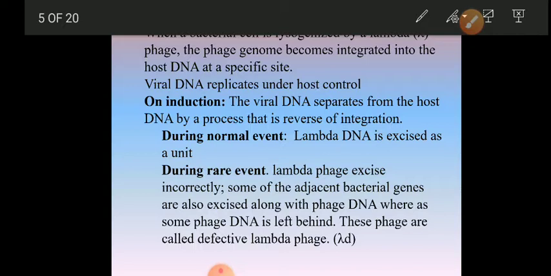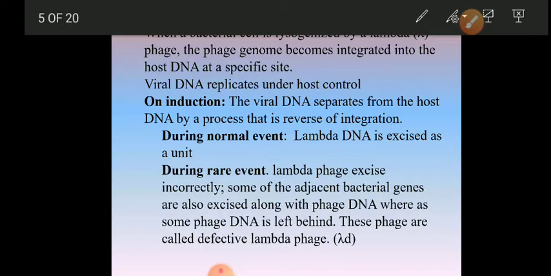With the help of the attachment site of lambda DNA, it attaches itself to E. coli. And the lambda DNA, or bacteriophage DNA, gets integrated inside E. coli DNA between the galactose gene and the biotin gene. Gal and bio. Gal gene means galactose gene and bio gene means biotin gene.